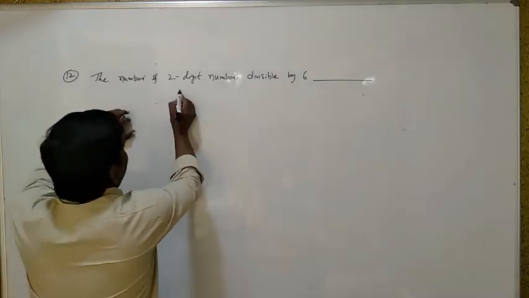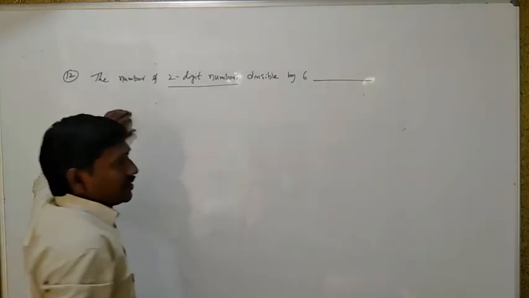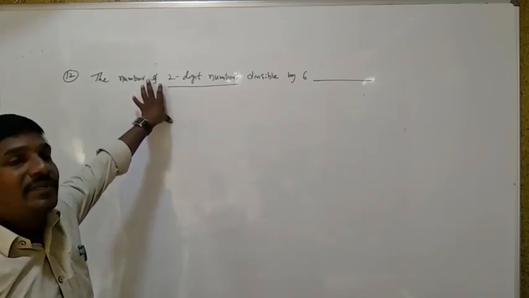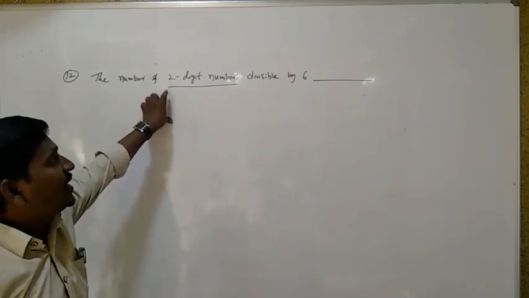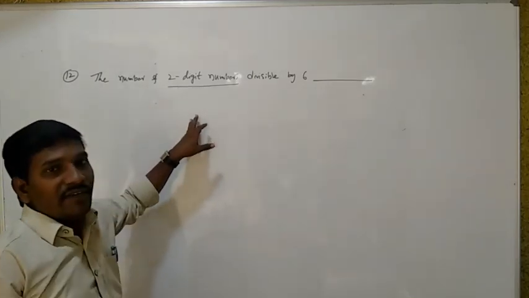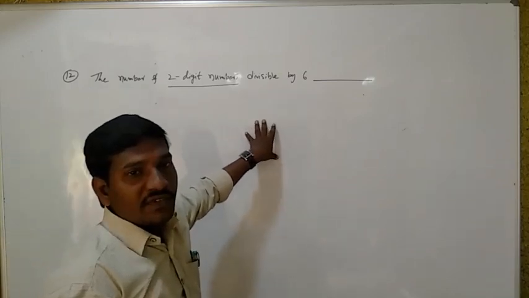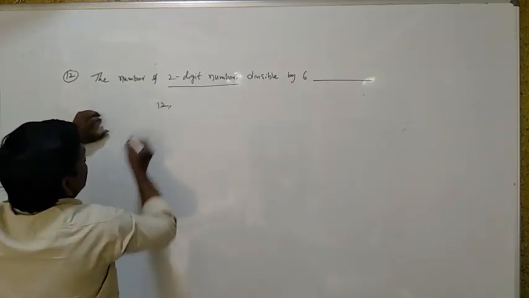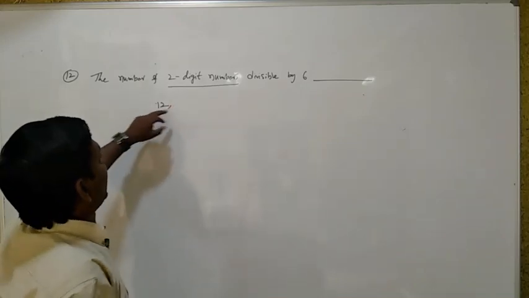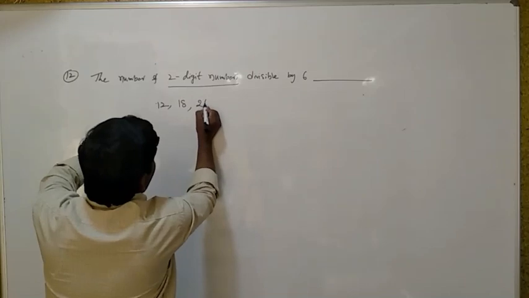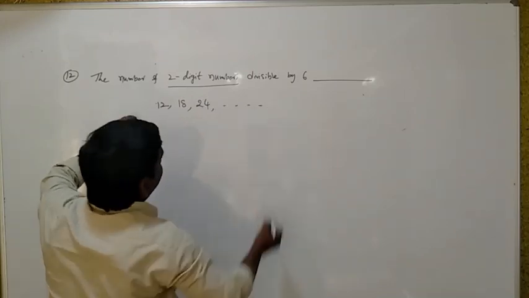Here two-digit numbers is given. Two-digit numbers start from 10, but 10 is not divisible by 6. Next, 11 is also not divisible by 6. 12 is divisible by 6, and 18 is also divisible by 6, and 24, and so on.